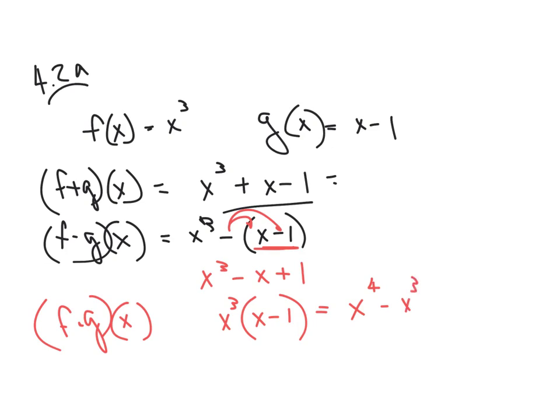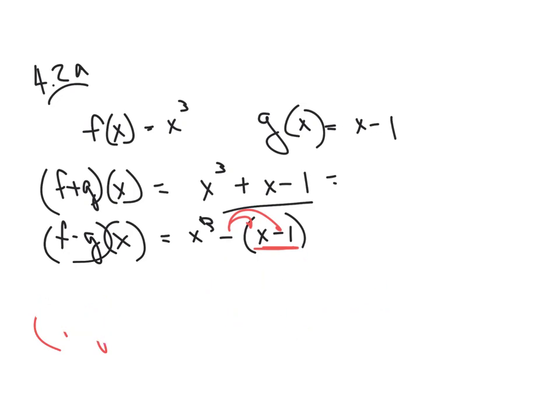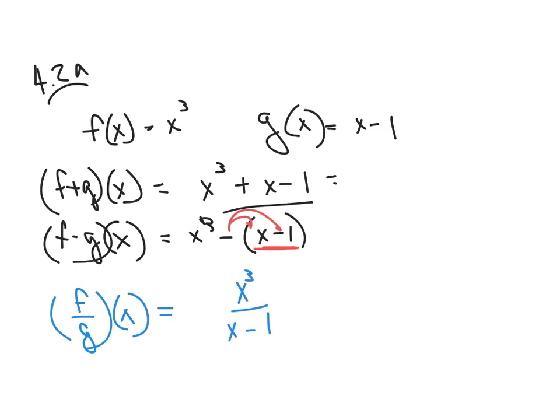Alright, the final one they'll do is a division, and they'll do again in parentheses f over g of x, and that will equal x cubed over g of x, which is x minus 1.